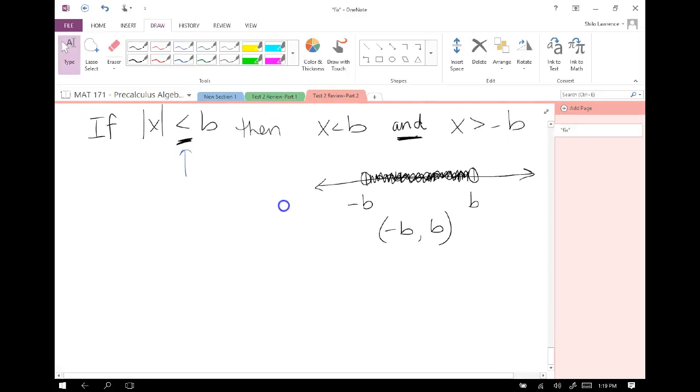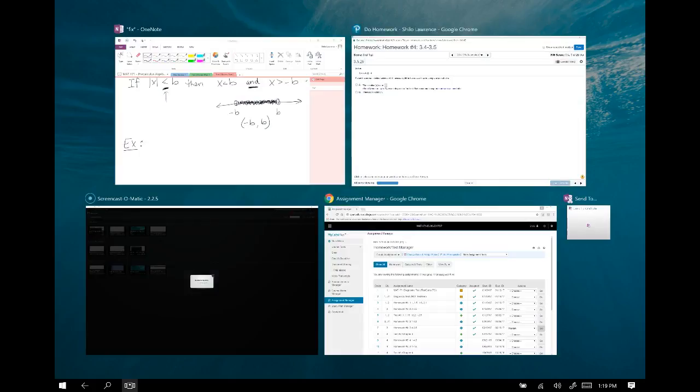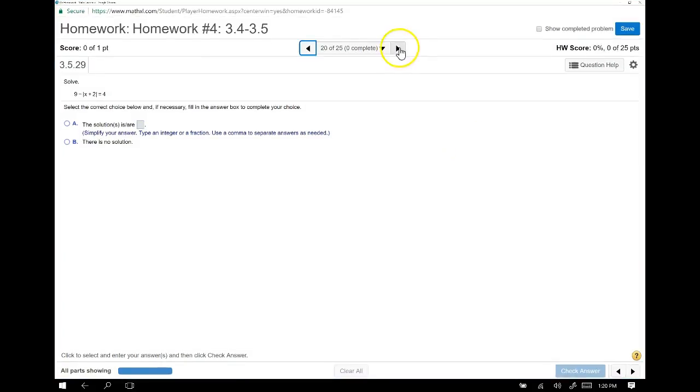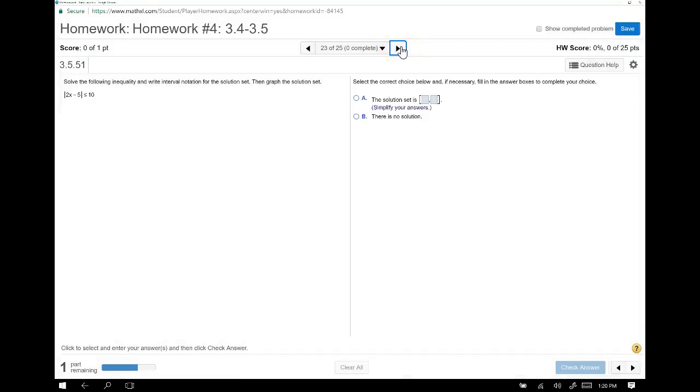So let's look at one of each of these, and that will wrap it up. So we got absolute value of 2x minus 5 is less than or equal to 10.